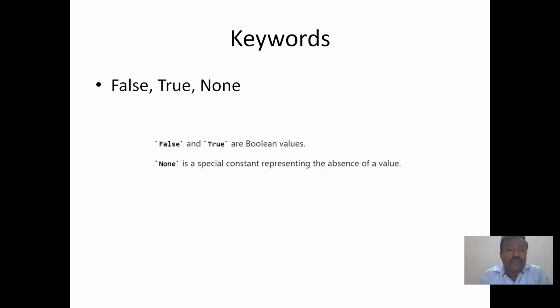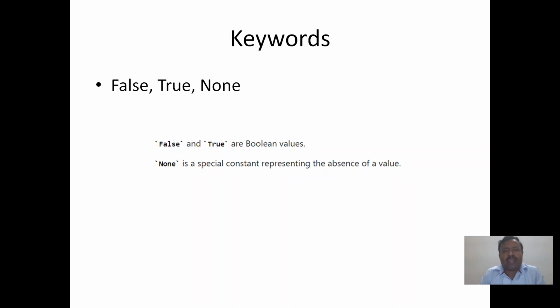What are those? False, True, None. These three keywords, where the starting letter is a capital letter, got the exemption in case of Python keywords. And whatever the remaining keywords are, all the words are formed with the help of lowercase letters only.